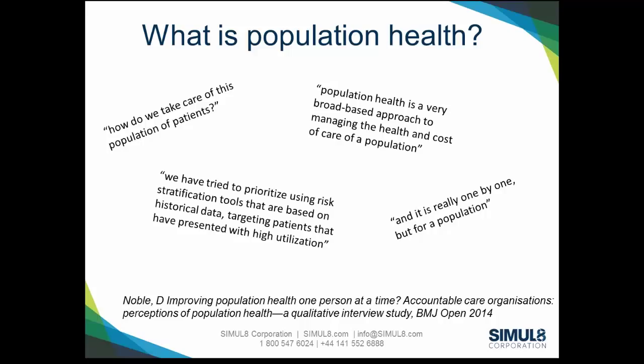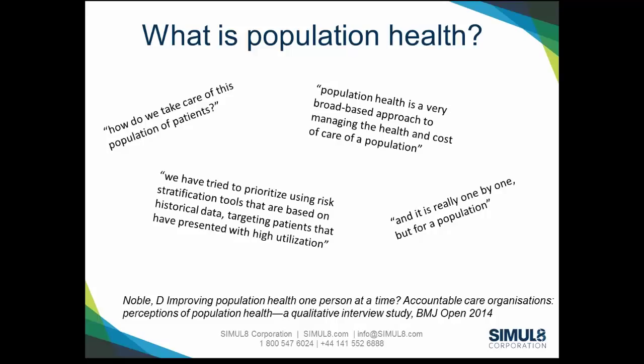This was a survey of a number of people and their perceptions of population health, and it's very much the idea that you're responsible for a particular population and its health and what the cost of care is likely to be. And that can helicopter in, if you like, to the idea of risk stratification and targeting specific patients that behave in particular ways and have particular needs.